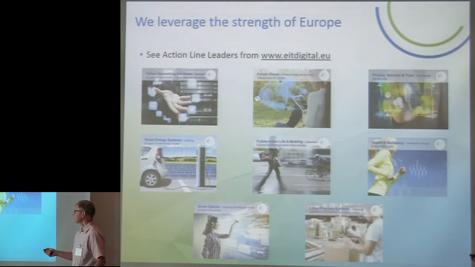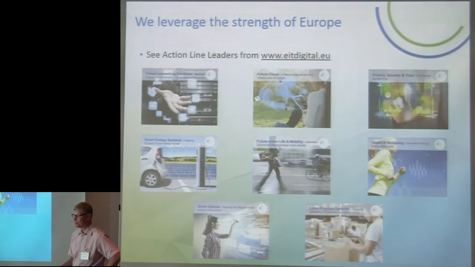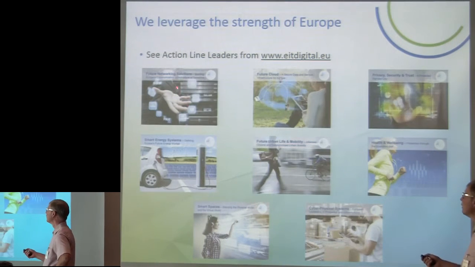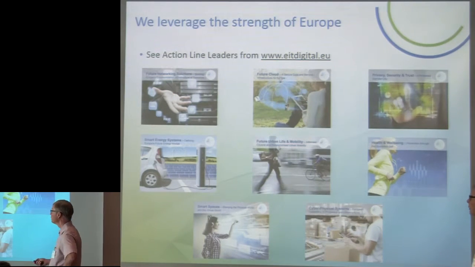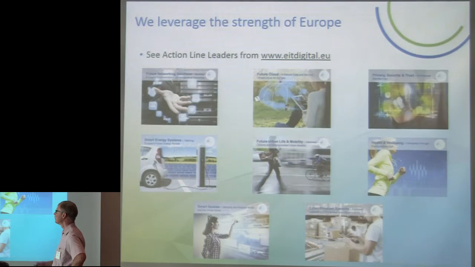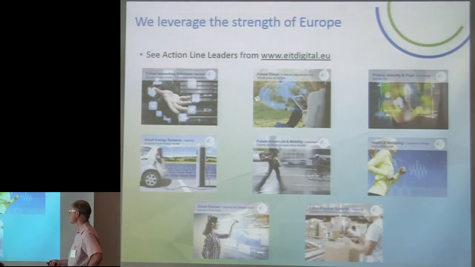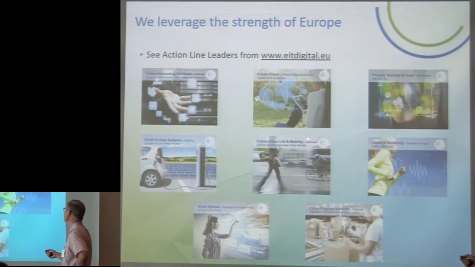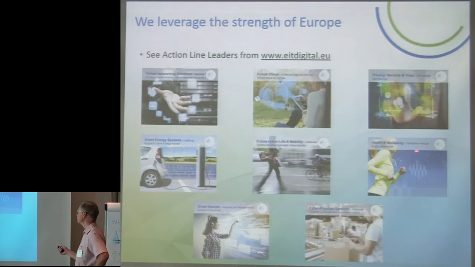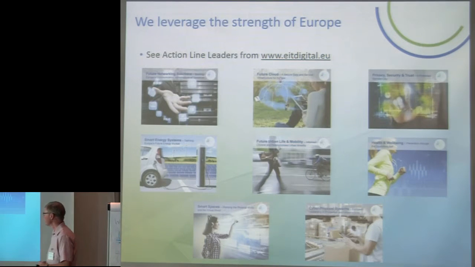You can go and look at the EIT Digital pages more closely to see what the other action lines are doing. It's ranging from future networking solutions, smart energy systems, and smart spaces, to all other kinds of work, such as health and well-being, cyber physical systems, urban life and mobility, and privacy, security and trust.